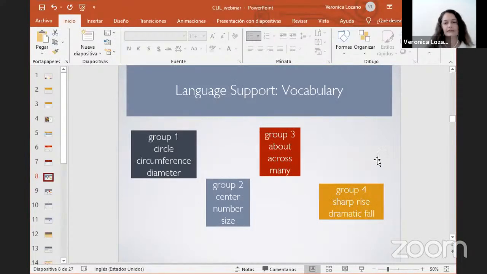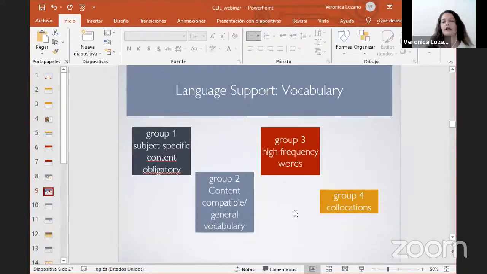And finally, we have another group of words: sharp rise, dramatic fall, and these words are collocations. Collocations are words that always go together. Okay, so we won't get very deep into collocations, but it's important to bear this in mind.